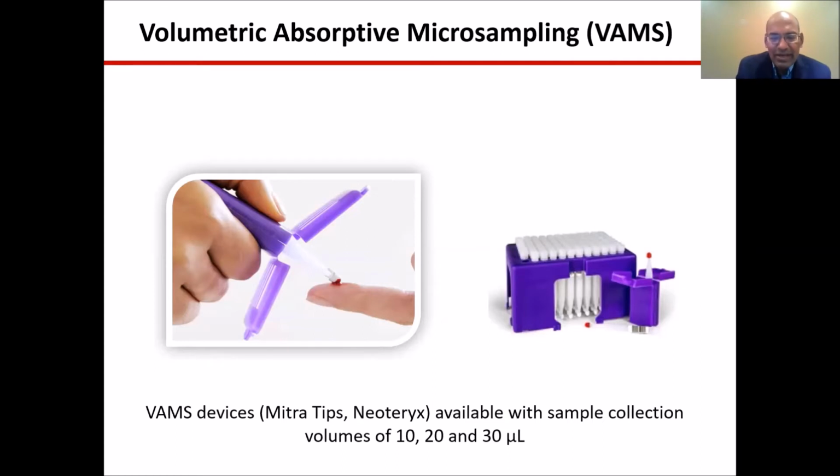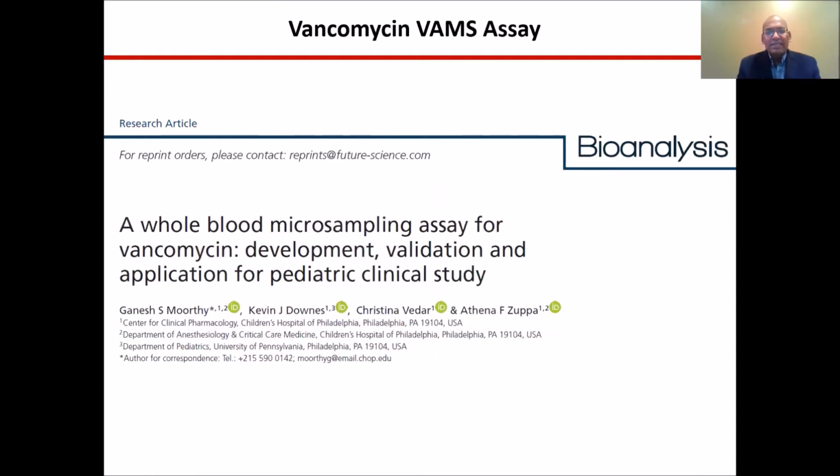They come in a variety of volumes: 10, 20, or 30 microliters. For the vancomycin study, we used 20 microliter VAMS tips. Recently, we published this work in the Bioanalysis journal.